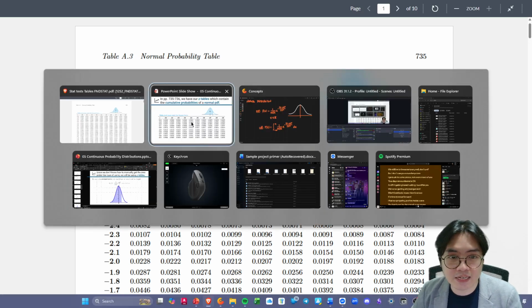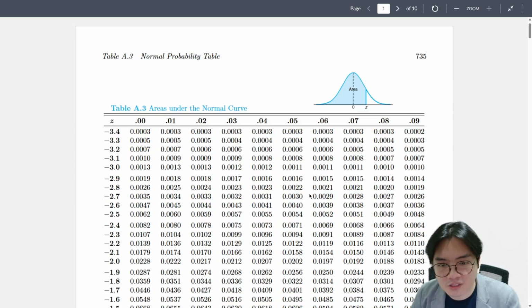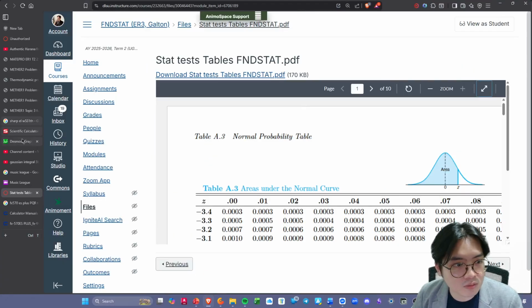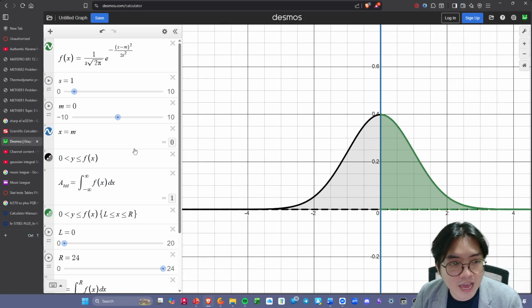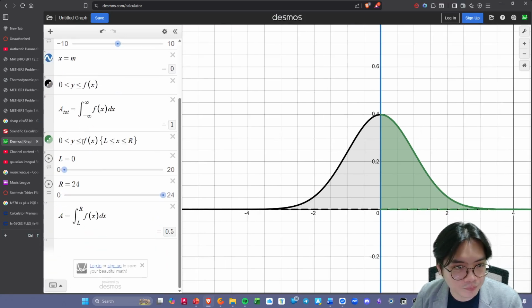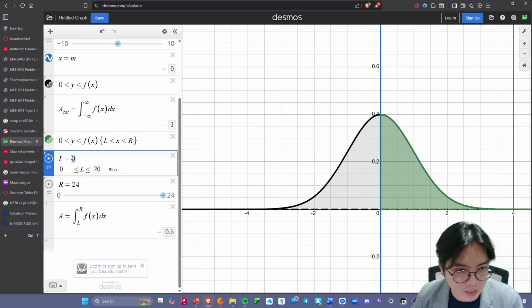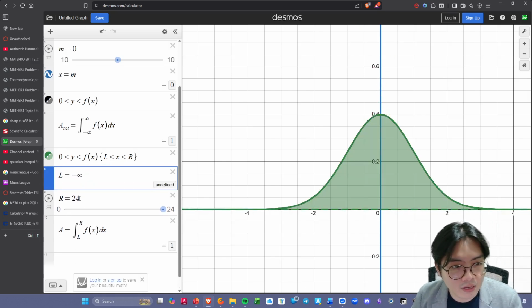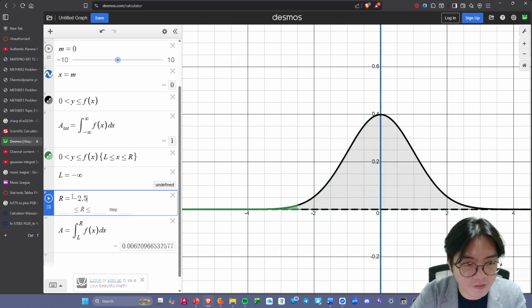Basically, if we take that same thing, negative 2.56, and go to my Desmos and account for that value, here is negative infinity, and then here we have negative 2.56.